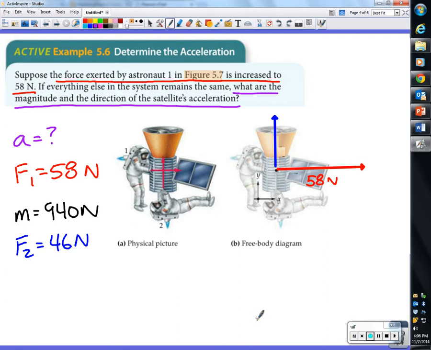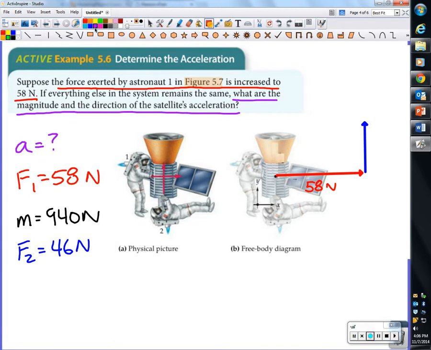Over here, those arrows are not aligned properly to find the resultant vector. I'm going to take blue, move it over here, so it starts where F1 ends.